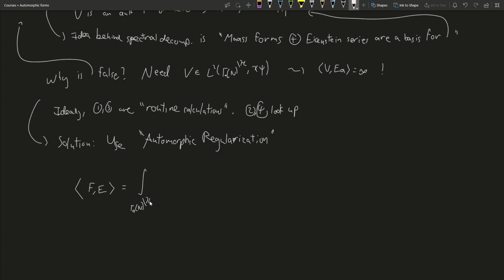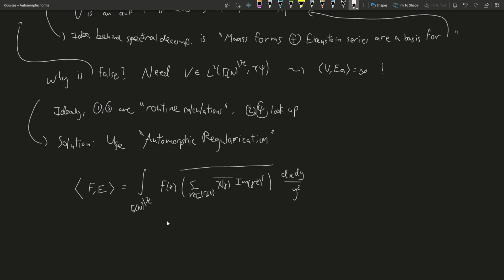It's the integral over the upper half plane mod gamma naught n of f of z, and then the sum over gamma in gamma infinity modding out gamma naught n of chi of gamma conjugate, imaginary part of gamma z to the s, and then this is all complex conjugate, and then the measure is dx dy over y squared.